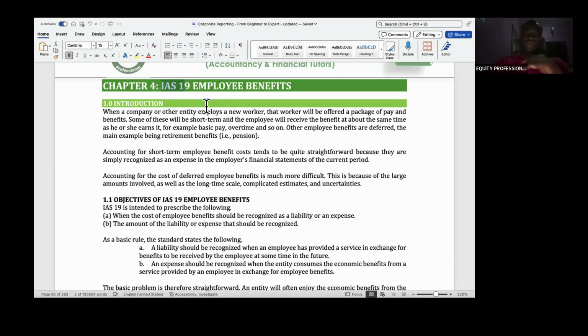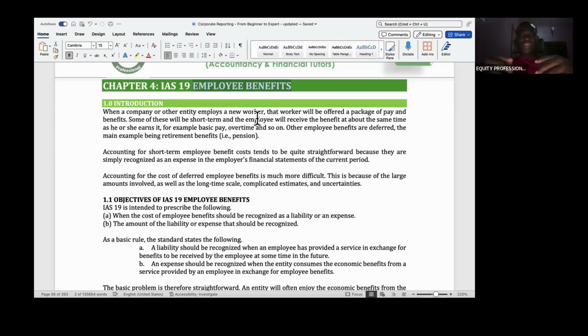So the first thing you need to understand here is what is an employee benefit? From the name, employee benefits refers to all forms of consideration given by an employer to an employee for the services the employee rendered to the employer.